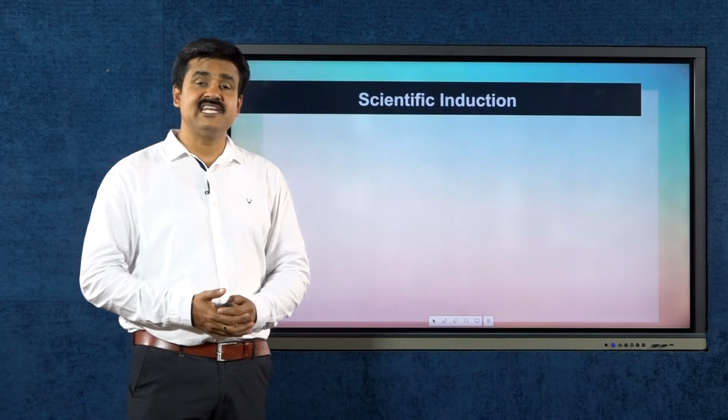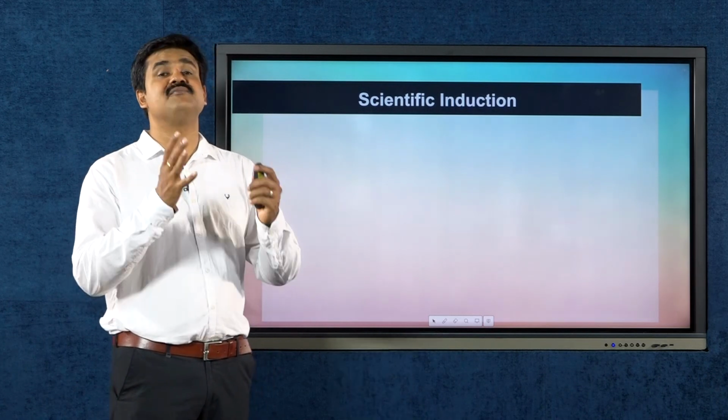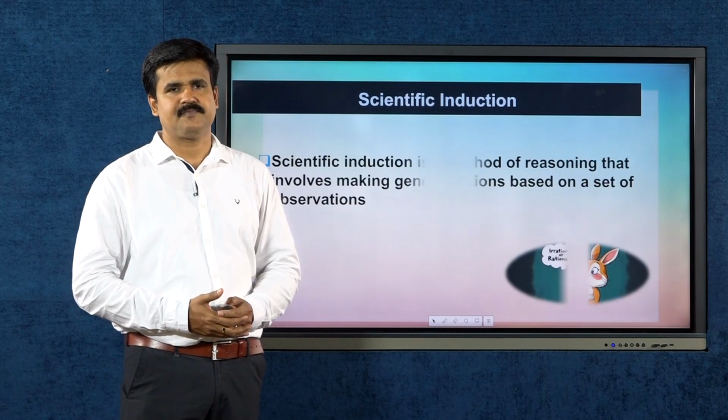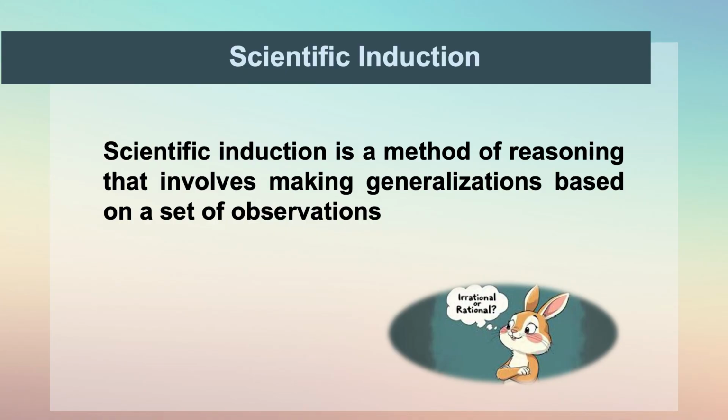Now, scientific induction. This is a very important part of the study of science. Scientific induction is a method of reasoning that involves making generalizations based on a set of observations.